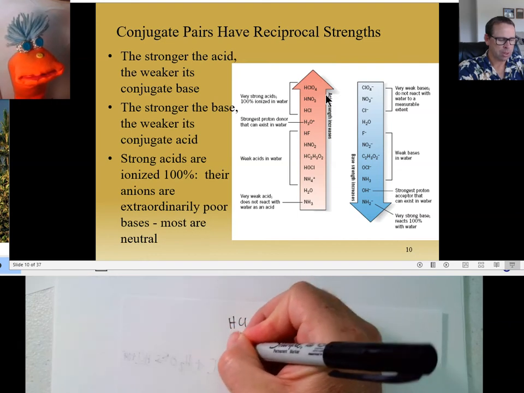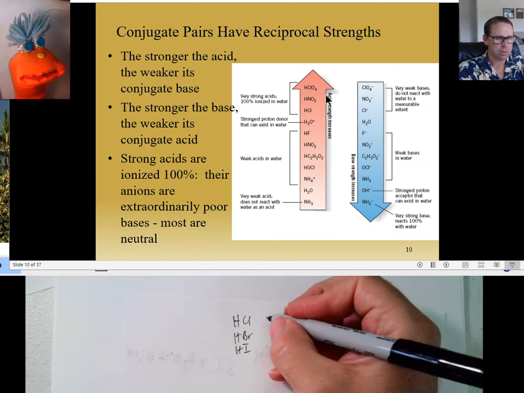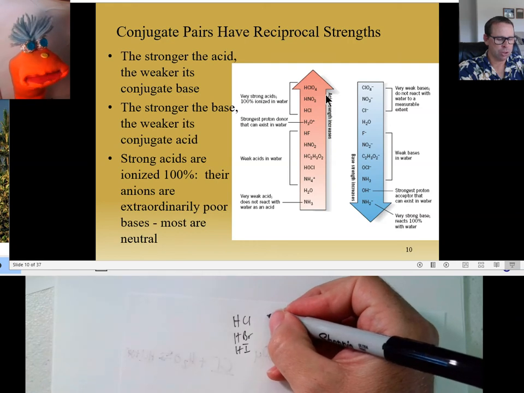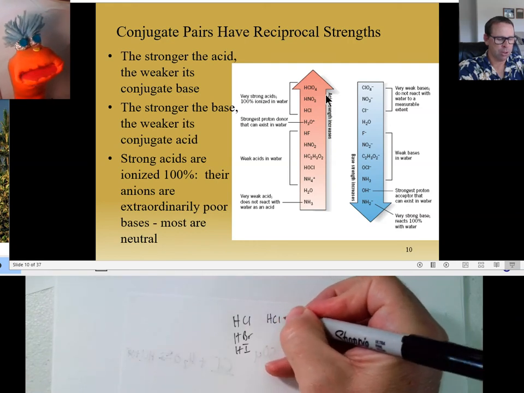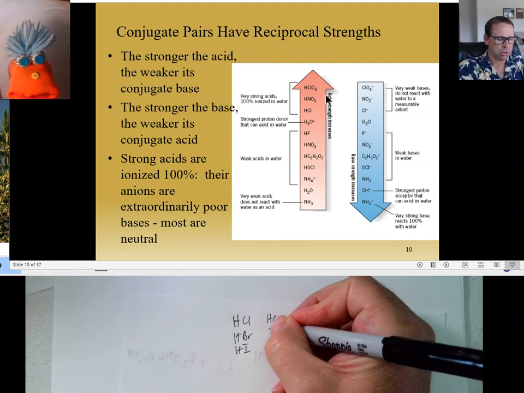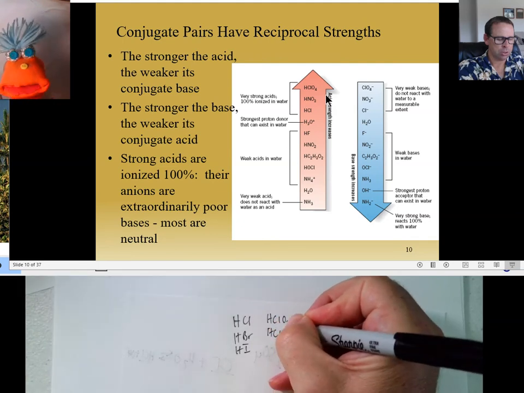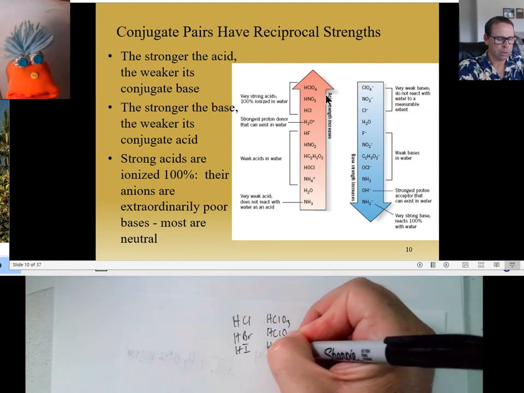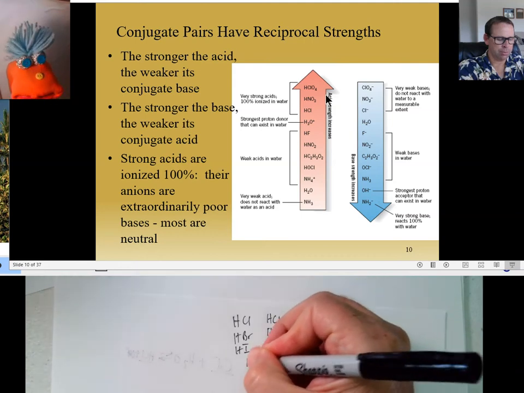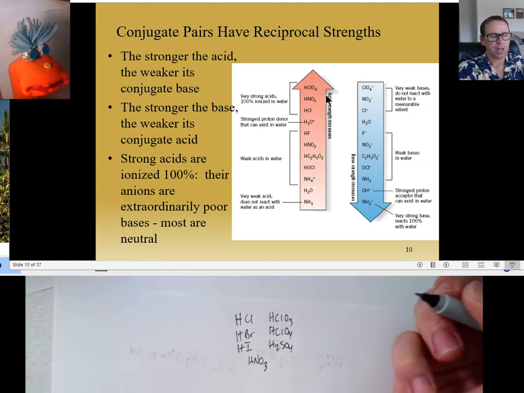Very good. HBr and HI. And then the oxy ones? HClO4, HClO3, H2SO4 and HNO3. Okay, very good.